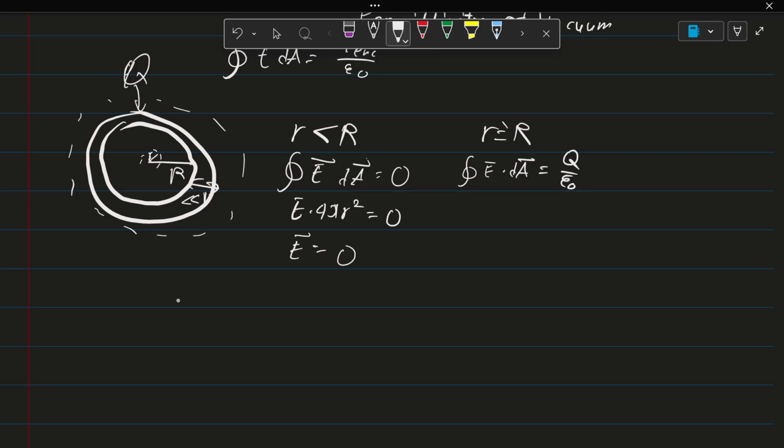From the spherical symmetry, the electric field shouldn't change much, so we could just bring it out, and then it's just the integral of dA, which is the area. So E times 4 pi r squared will equal Q. So E is Q over 4 pi r squared epsilon 0. And this is kQ over r squared.